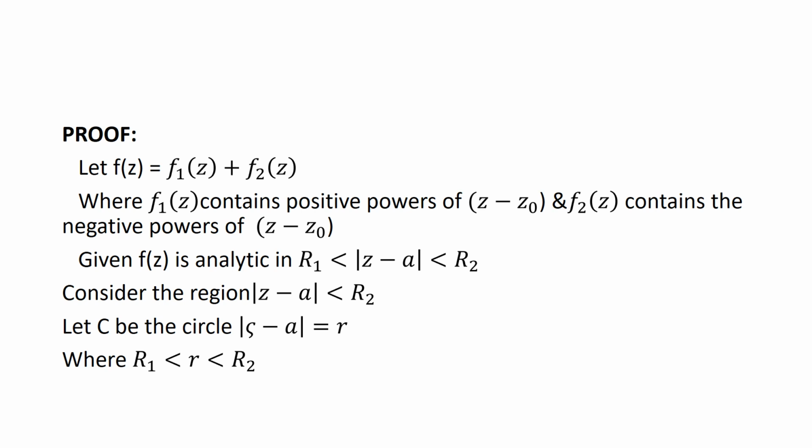Now this is as in the statement of Taylor's. So let C be the circle, modulus of zeta minus a equal to R, so that capital R1 less than R less than R2. That is, this circle lies within the annular region.